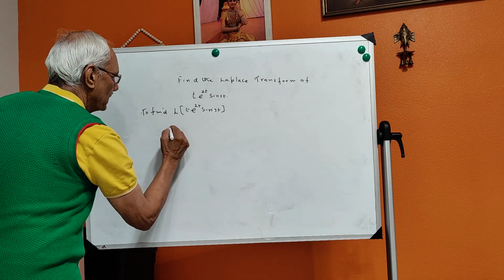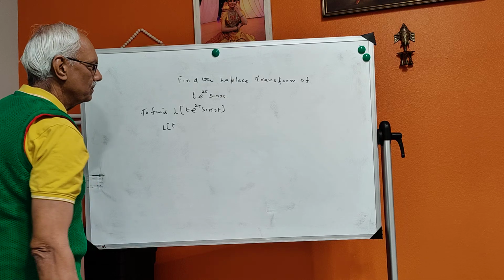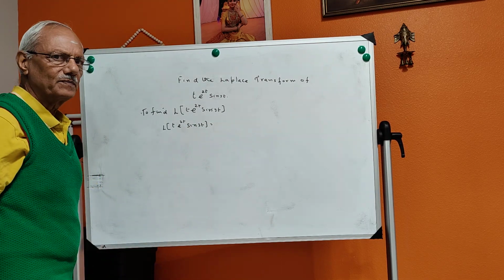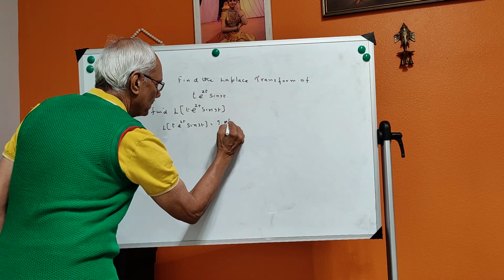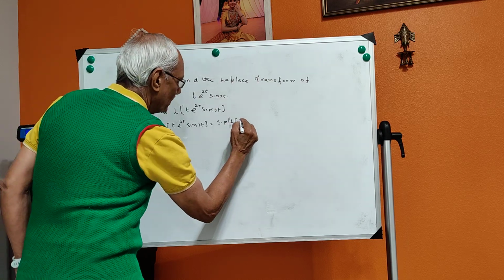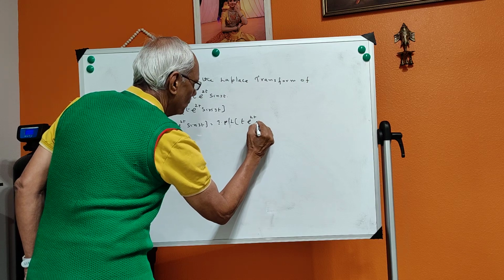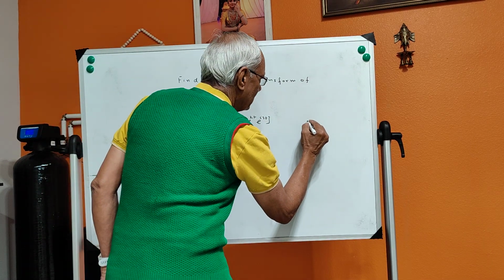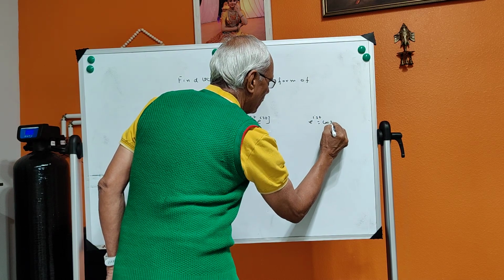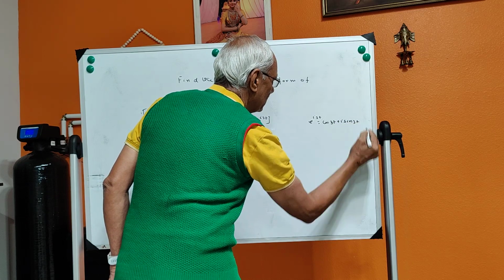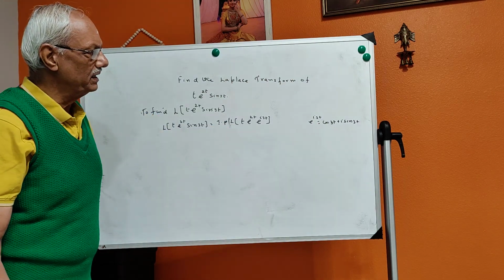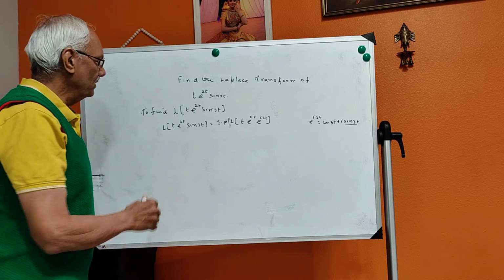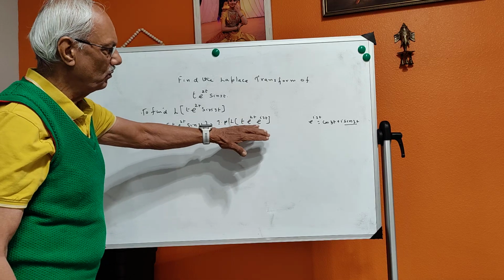I will write L of t e to the power of 2t into sine 3t as the imaginary part of L of t e to the power of 2t into e to the power of i3t, because e to the power of i3t is equal to cos 3t plus i sin 3t, using De Moivre's theorem. So we want the imaginary part.